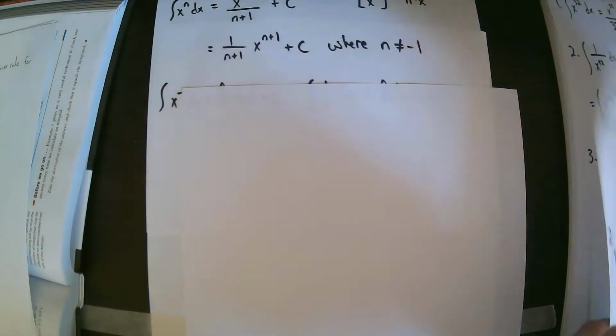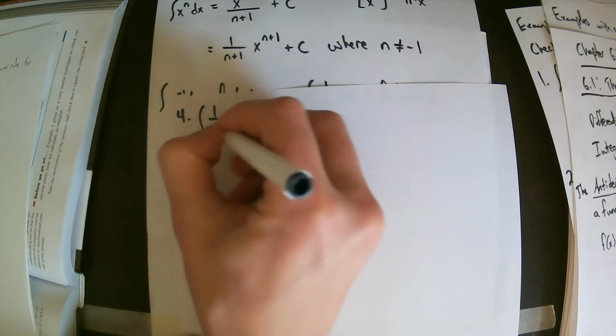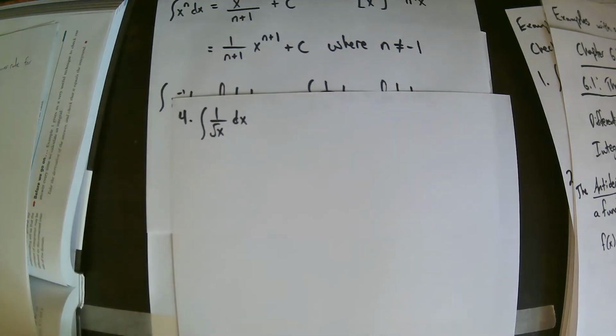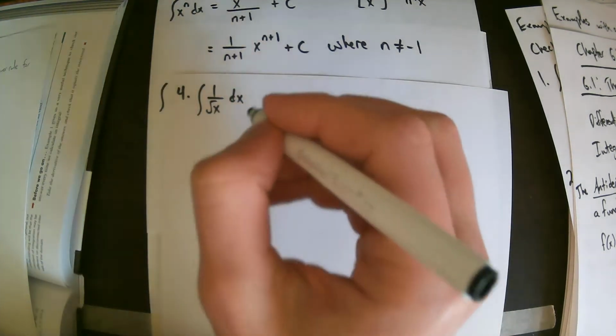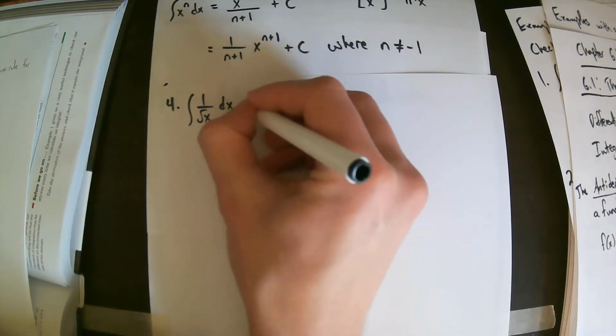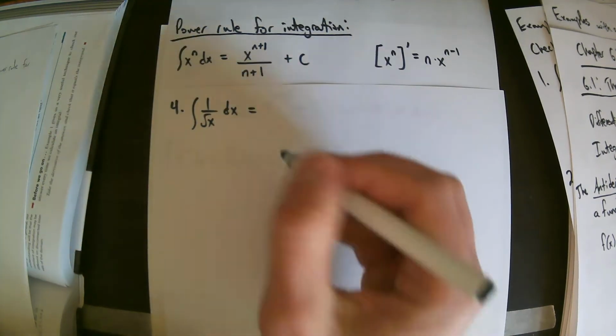What is this, number 4? Integral of 1 over square root of x dx. Well, I need to know the power on this. I need to know the exponent so that I can use my power rule, right?